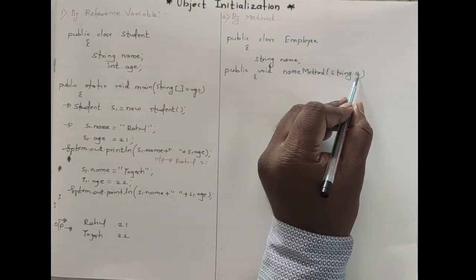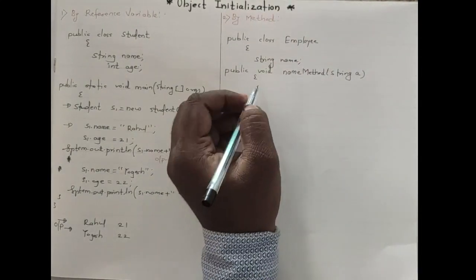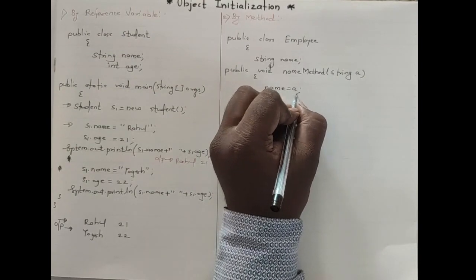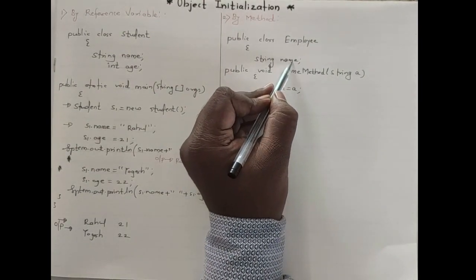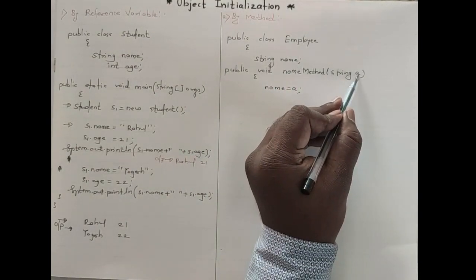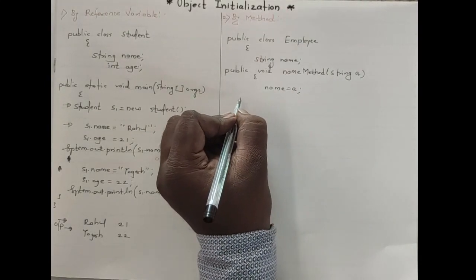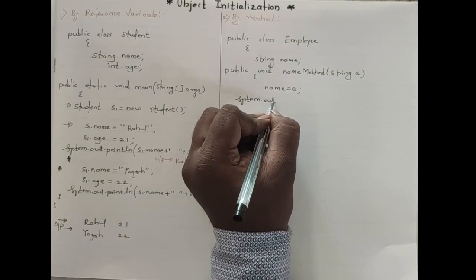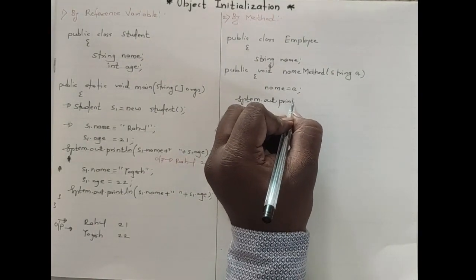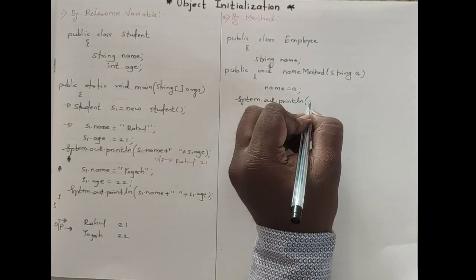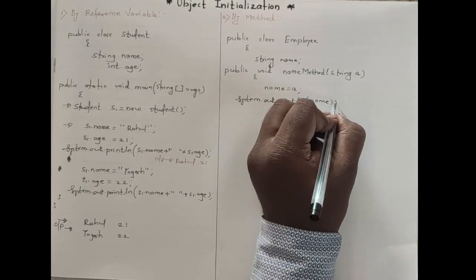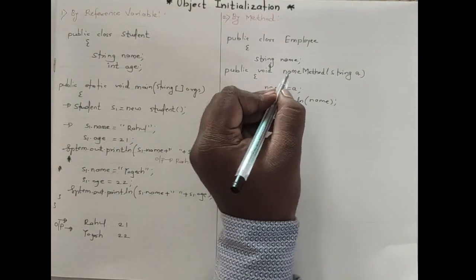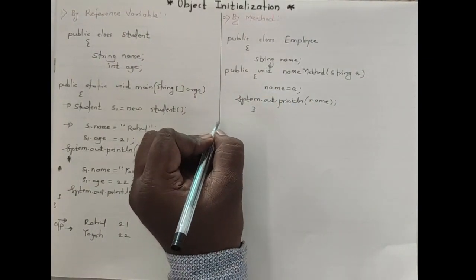Then inside that method, name is equal to a. Observe here, name is nothing but that a variable. Then giving a printing statement, System.out.println(name), and method close.